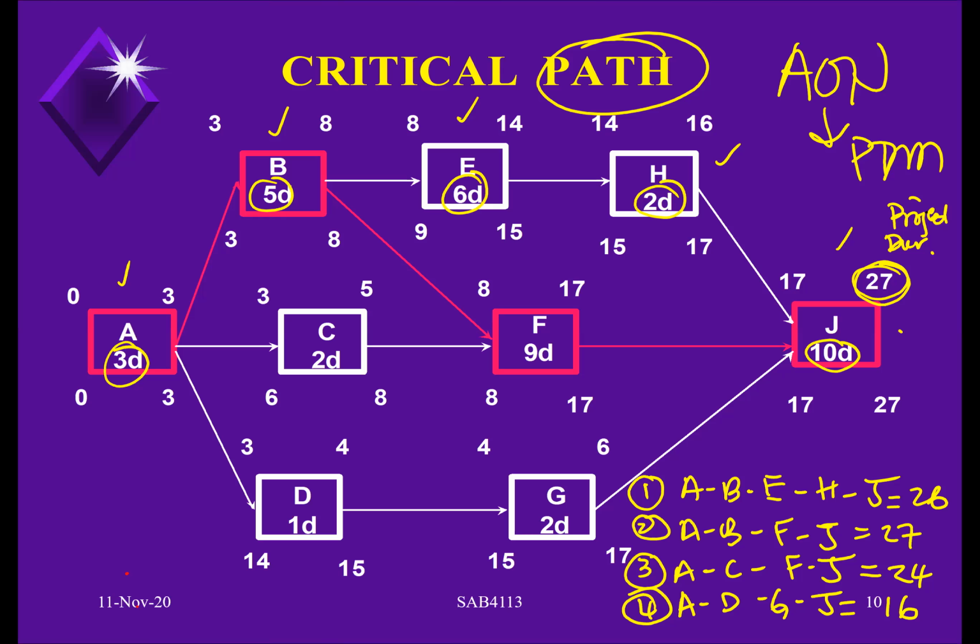And in our class, you must be able to draw this diagram based on the information given. We just simply give you information based on a listing of activities, durations, and relationships. From that, you must interpret what the relationship means and draw accurately. After you draw accurately, you fill up the figures at the top of the box and bottom of the box until the end of the day.